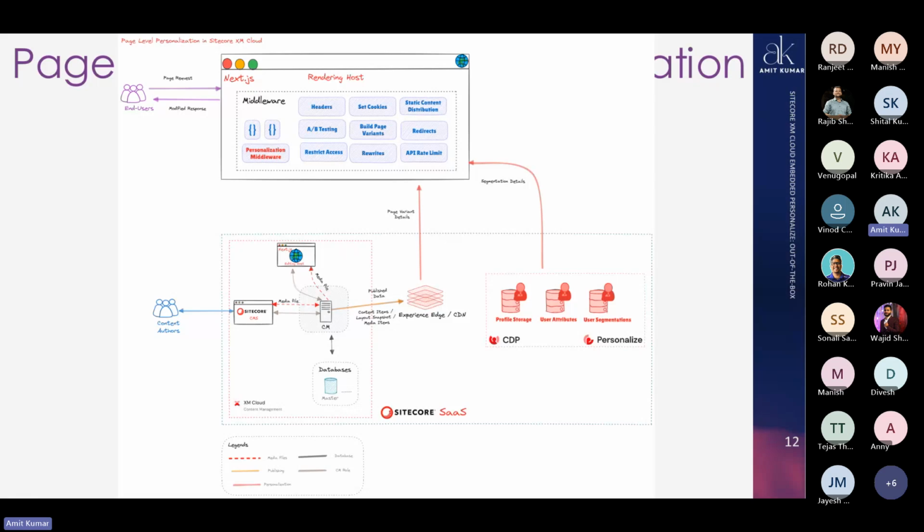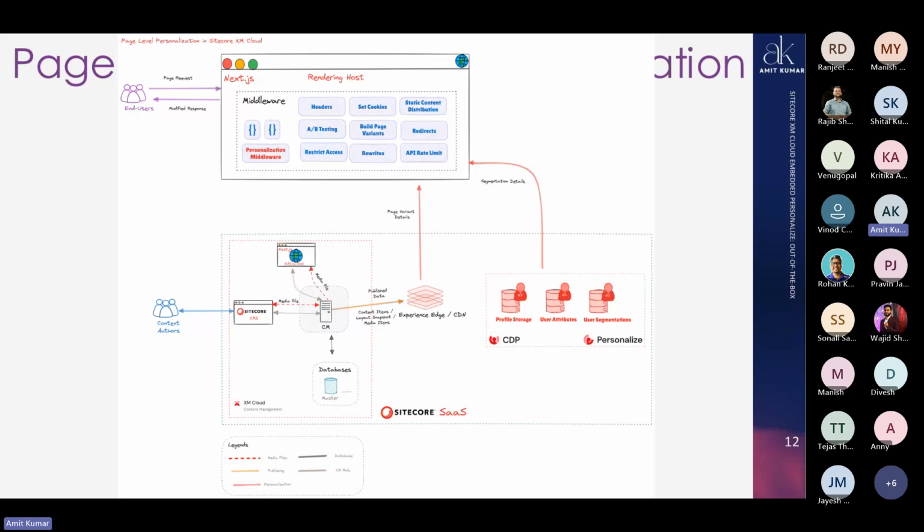All the cookies are set up and all the headers are set, which can later be utilized for personalization. This is generally called a browser request. Then the Next.js application will run all the registered middleware, like the personalization middleware or any other middleware, such as a URL reroute middleware.